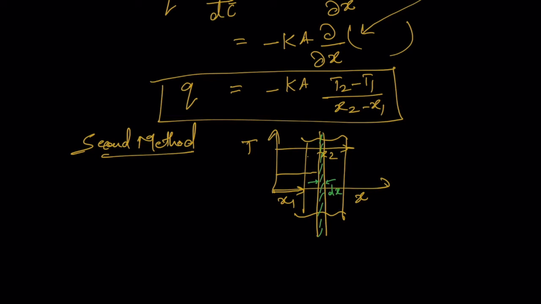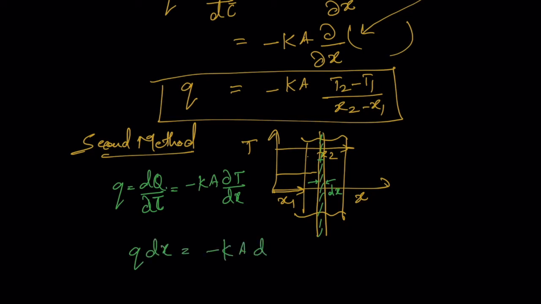And what will be that? Q equals dq by d tau equals minus Ka dT. Suppose the temperature change through this width dx is dT. Okay, so if we integrate, q into dx is equal to minus Ka dT. And q is constant because heat flow will be constant.